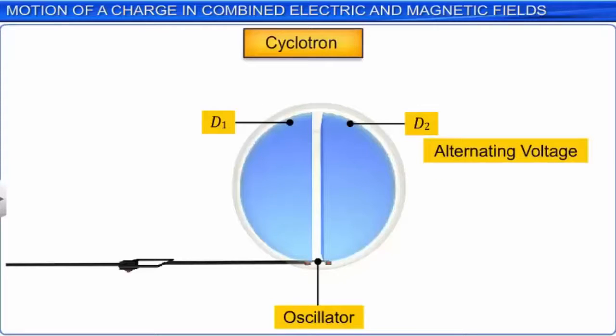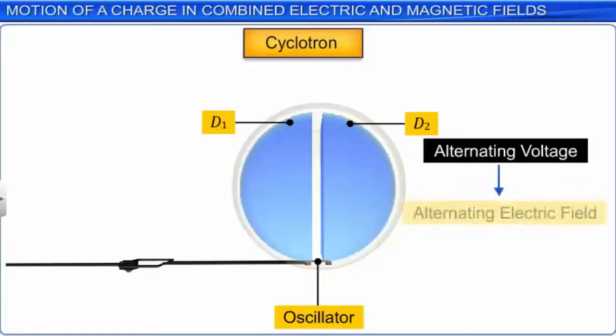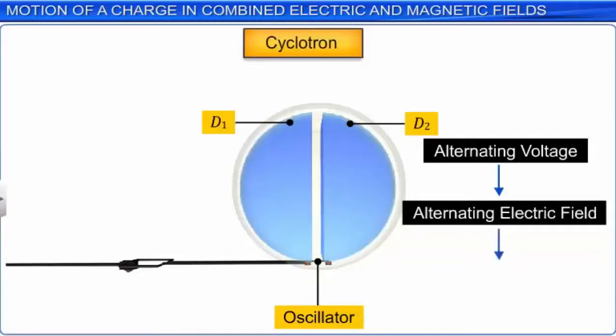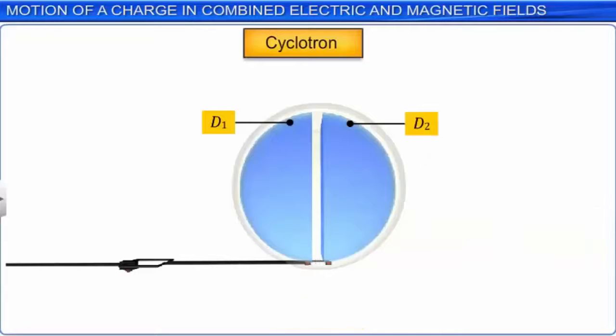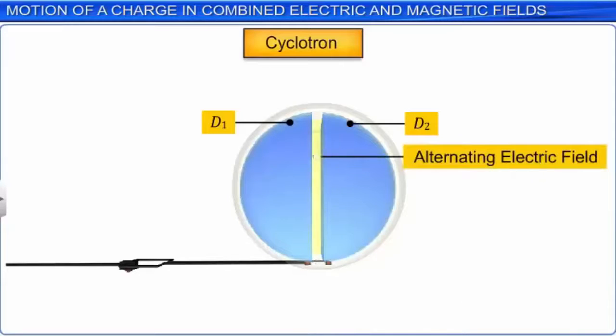This alternating voltage establishes an alternating electric field between the two Ds, once from D1 to D2 and then from D2 to D1. This electric field between the Ds accelerates the charged particle when it passes through the gap between the Ds.